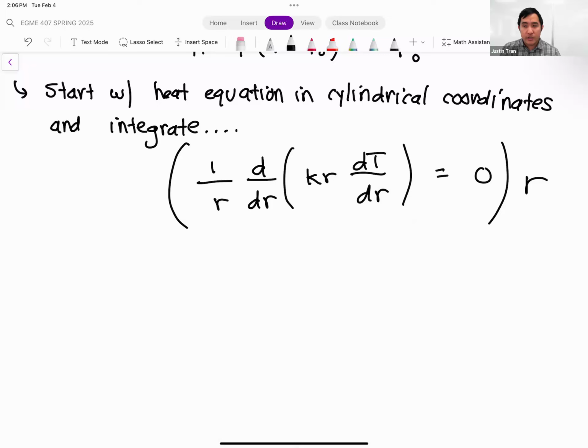On the right-hand side, we just have 0 times r, so that just goes away. Okay. And I'm going to integrate. And so on the left-hand side, all we're left with is k times r dT/dr is equal to C1. So I just did 2 steps in one there. I multiplied by r, and then I integrated.